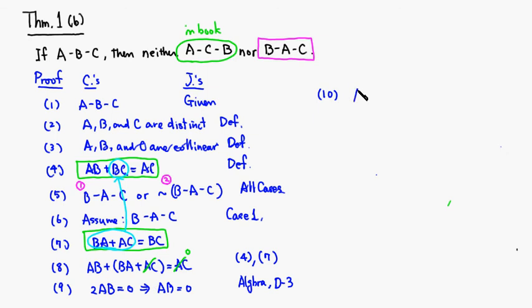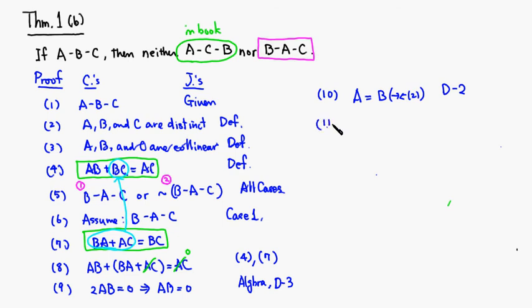So this tells you that A is equal to B. This is from axiom D2. But this is a contradiction because A, B, and C are distinct. So this contradicts line number 2. So that's a contradiction.